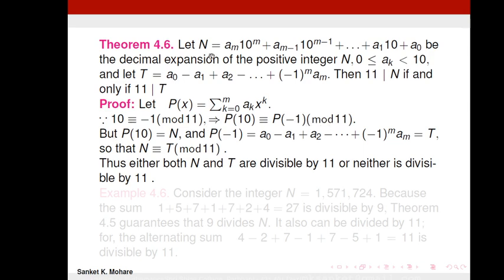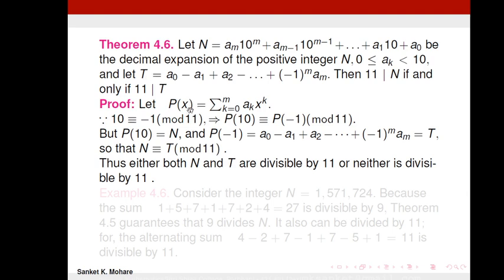But p(10), as we have seen, is equal to summation a_k 10^k, where k varies from 0 to m. So p(10) is equal to n. And p(-1) is equal to summation k varies from 0 to m of a_k (-1)^k.